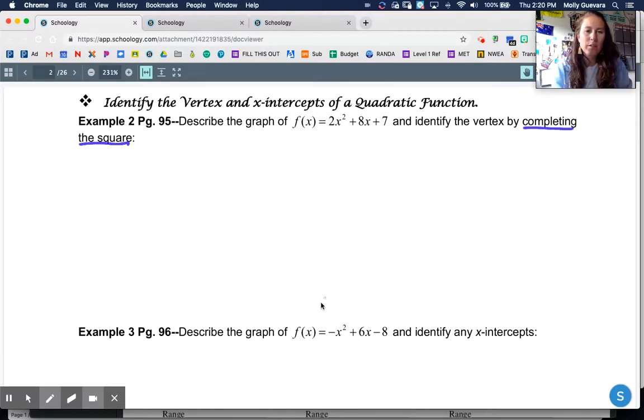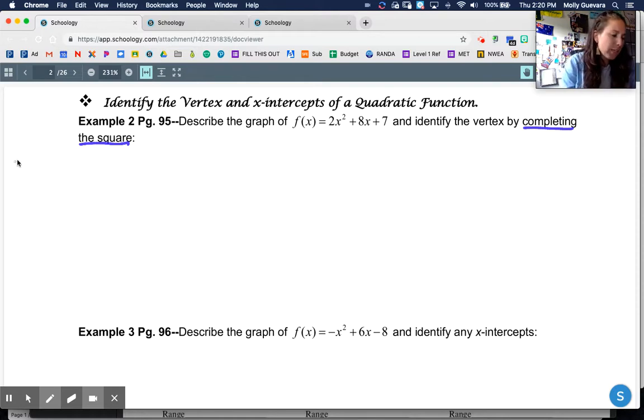But right now it wants me to describe the graph and identify the vertex by completing the square. So as the equation is written right now, I don't know what the vertex is because this is not in vertex form. Okay, so that's where completing the square comes in handy because it puts it into vertex form for us so I can know what the vertex is.